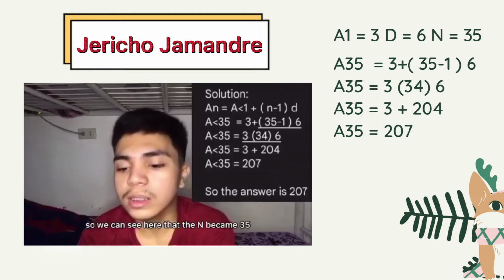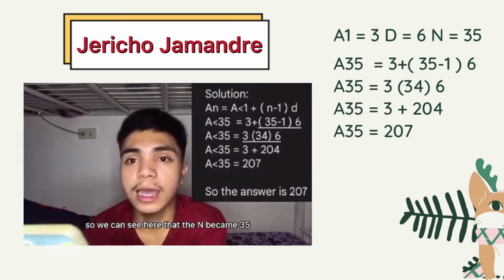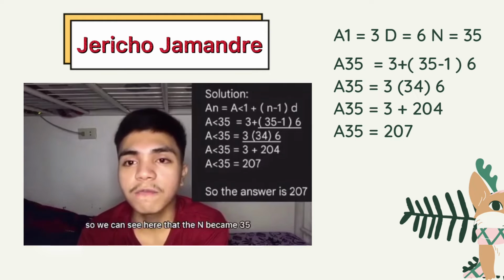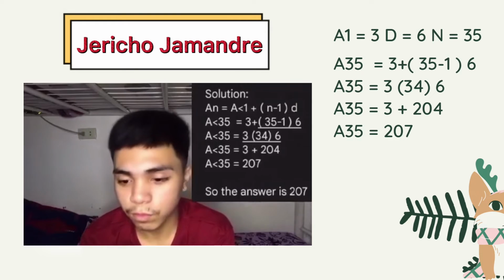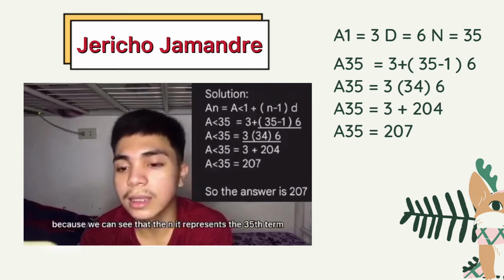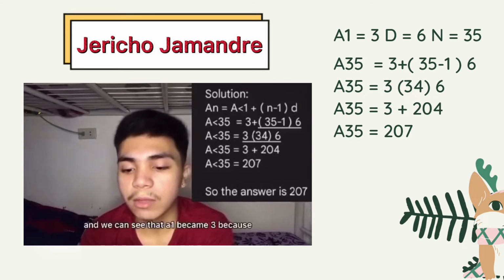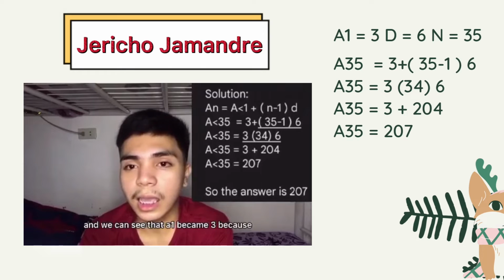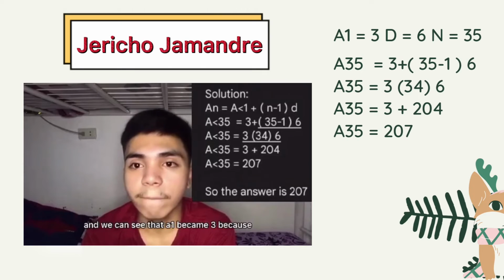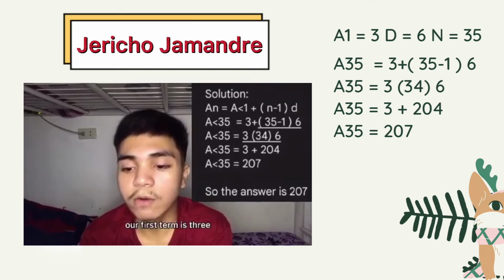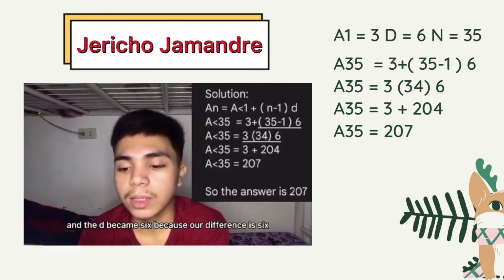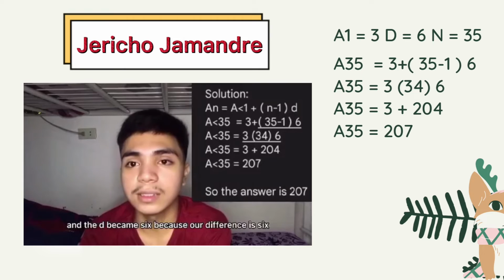So we can see here that the n became 35 because it represents the 35th term. And we can see that a1 became 3 because our first term is 3. And the d became 6 because our difference is 6.